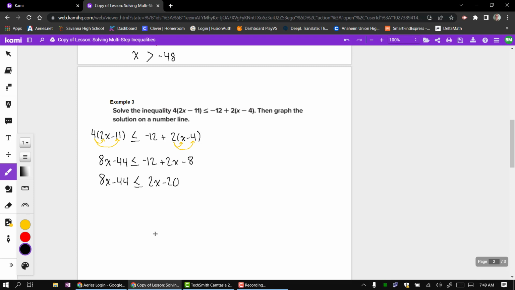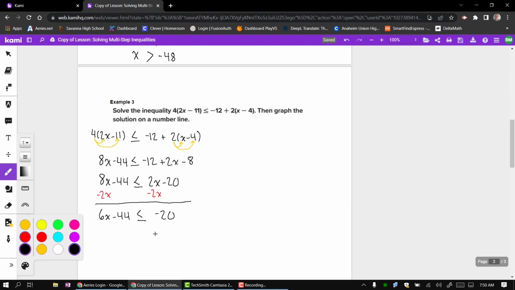So I want to isolate the variable on one side. Which one's smaller? 2x is smaller. So I'm going to subtract 2x from both sides. Now I'm subtracting, so I don't need to do anything with that sign. I can keep it as is. This gives me 6x minus 44 is less than or equal to negative 20.